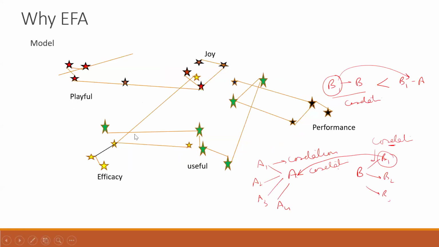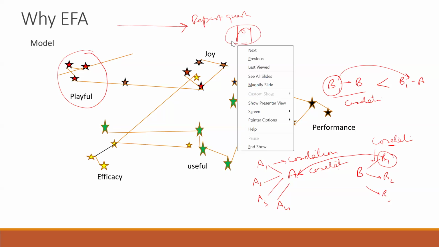So what happens is when these items from red move to here, now when you report your questionnaire after conducting EFA, the item which you said was part of playfulness will not be a part of playfulness anymore. It will go to joy because the item is getting loaded here with high correlation. Are you getting my point or not? Right?